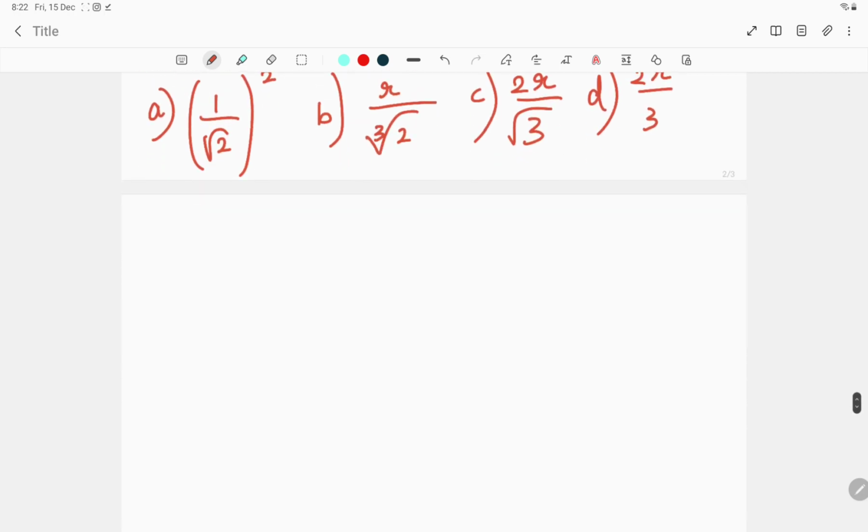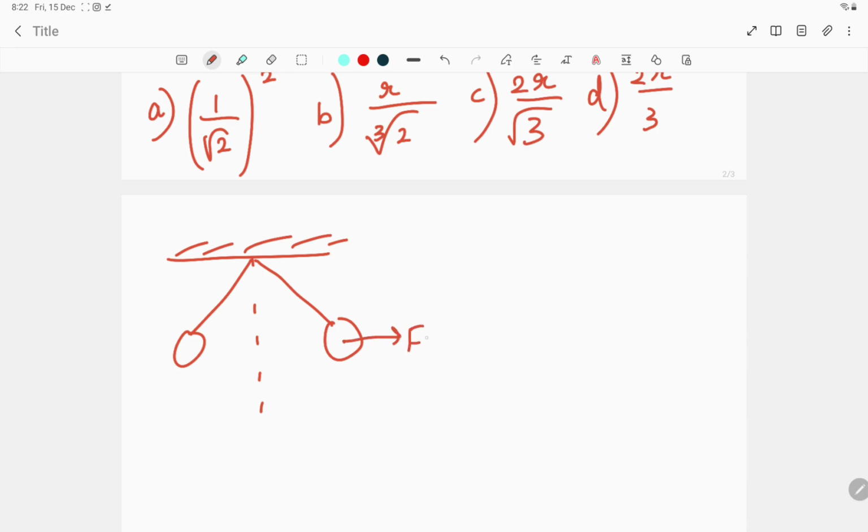When we solve it, it's very simple. Let us mark the vertical. One ball is here, the other ball is here, and both of them are in equilibrium. The force acting on each ball will be, let us imagine they have a charge of q, kq square by r square.